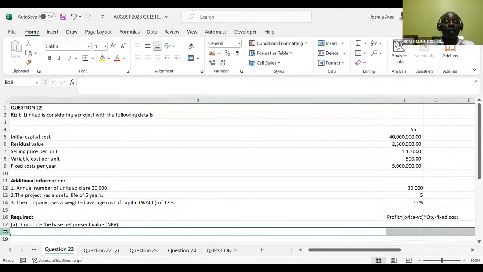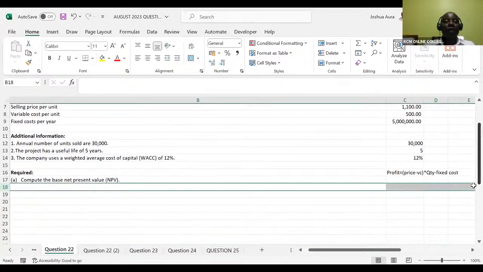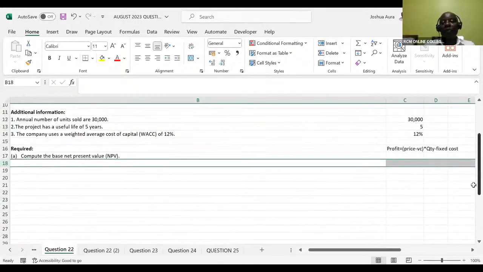So what I need to do is add about 10 rows in between here. I hope we know the shortcut of adding a row.